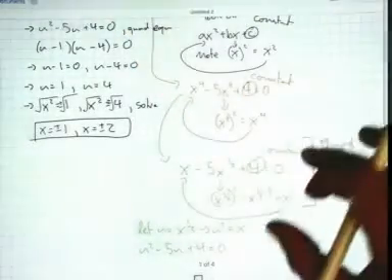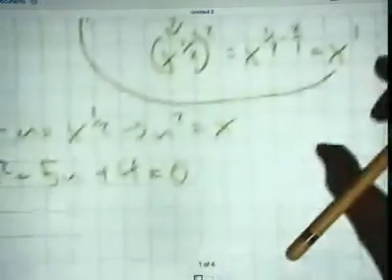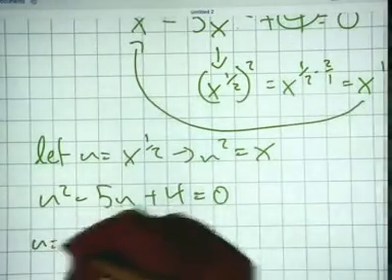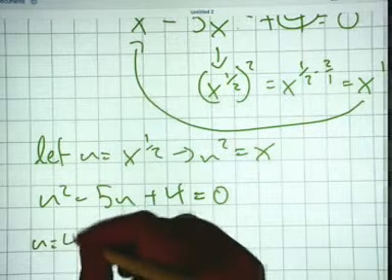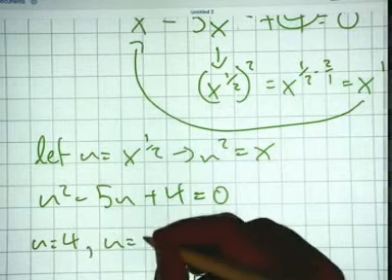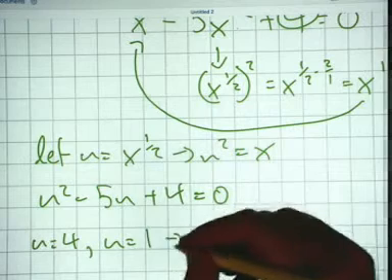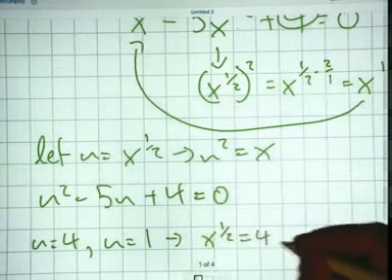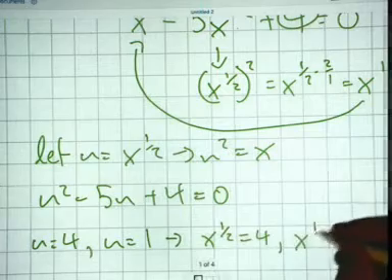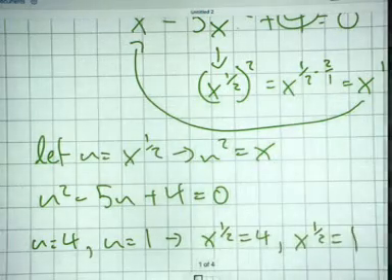So you're going to get u is equal to 4 and u is equal to 1, which then you're going to say x to the 1/2 is equal to 4 and x to the 1/2 is equal to 1.